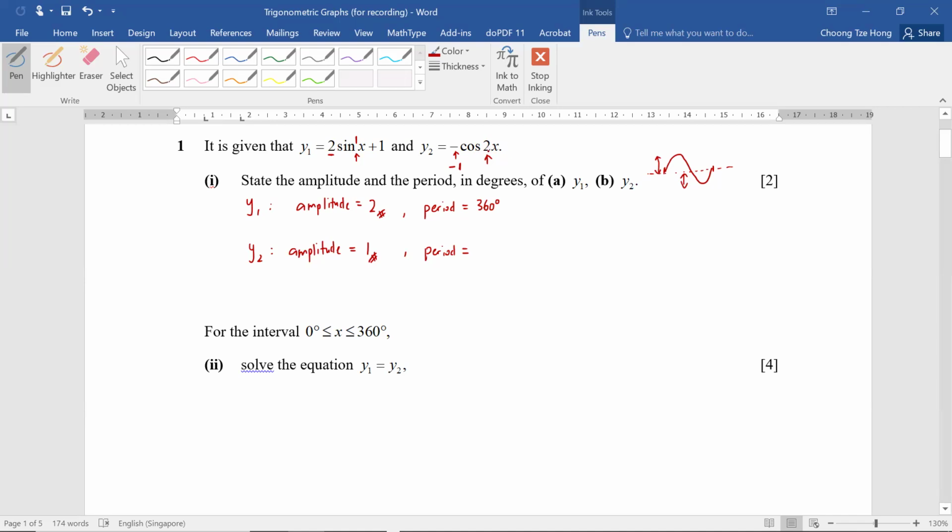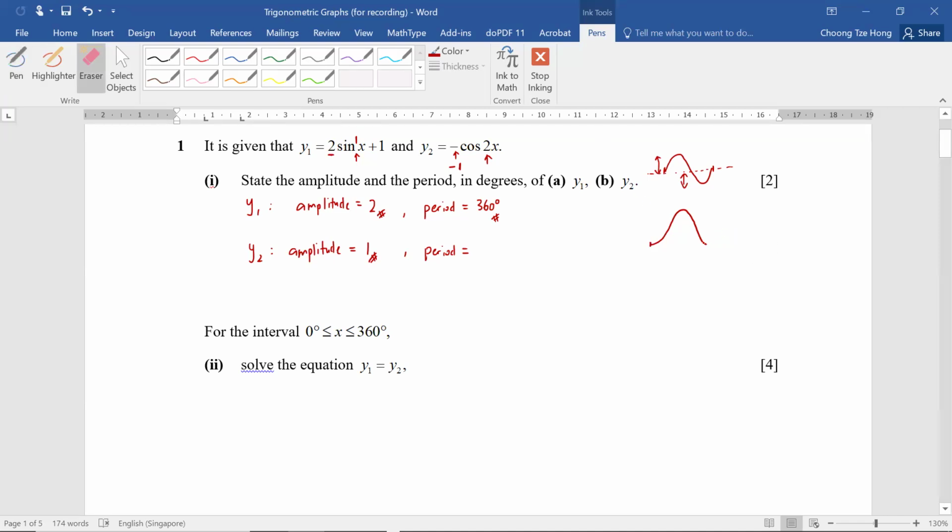If it's 2, it means that from 0 to 360 degrees, you will see 2 complete cosine curves. In this case, the negative cosine curve is going to be an inverted cosine curve. So you have one full curve, and after that, one more full curve like this. Actually this one should be slightly lower.